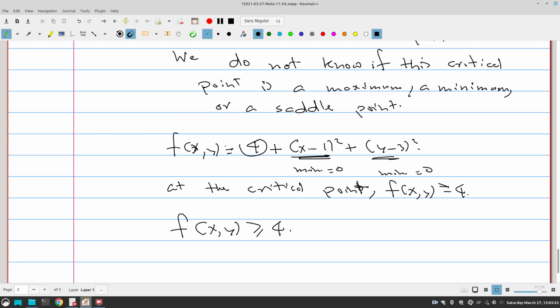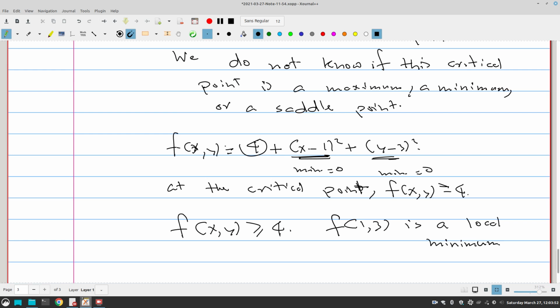once you see that, you see that 1, 3 is a local minimum. f of 1, 3 is a local minimum.